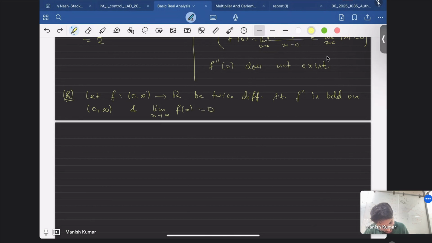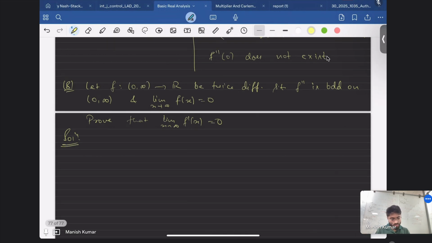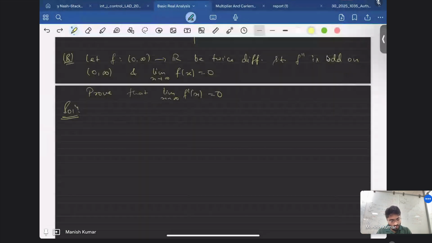You have to prove that the limit as x goes to infinity of f prime of x is also 0. So this function is vanishing at infinity, and you have to prove that the derivative vanishes at infinity as well, using the fact that the double derivative is bounded.